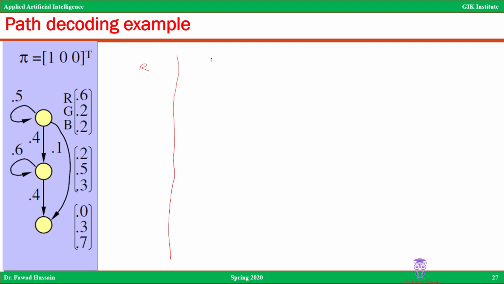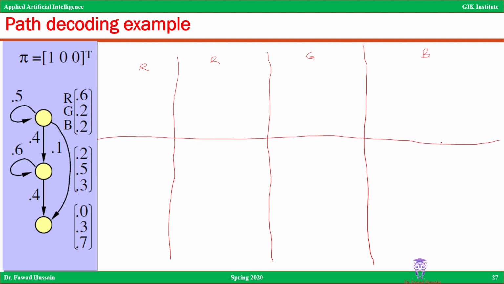The first red here and the second red, and then we have the green, and then we have our blue. So I will also segment it like this. Great. So we move on with the same data that we have.